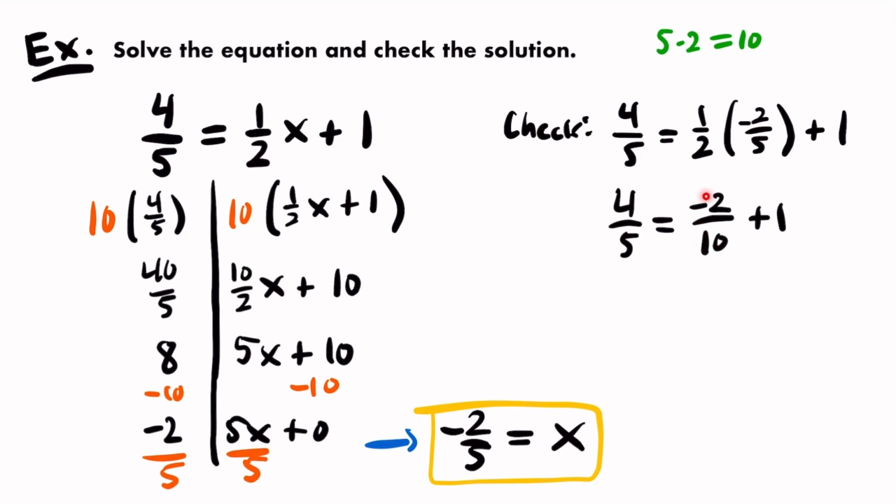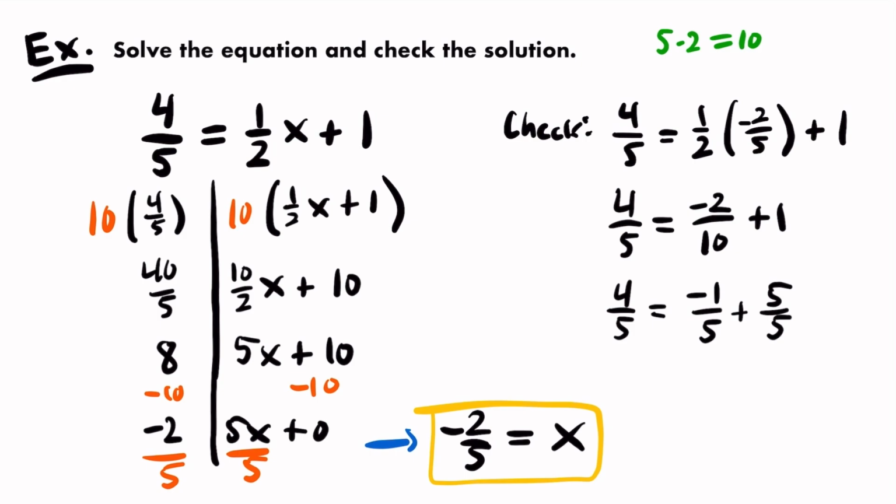And then we can reduce this fraction. Negative 2 and 10 can both be divided by 2. Negative 2 divided by 2 is negative 1, and 10 divided by 2 is 5. So we have 4/5 equals negative 1/5 plus 1. But to add negative 1/5 and 1, we need to get 1 in terms of fifths, which is not too difficult. Remember that 5 divided by 5 would be 1.